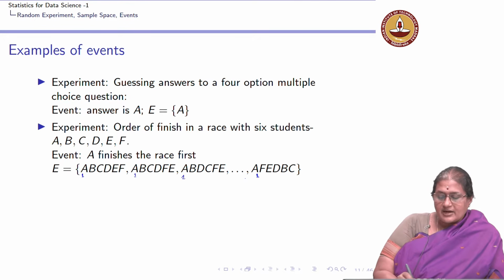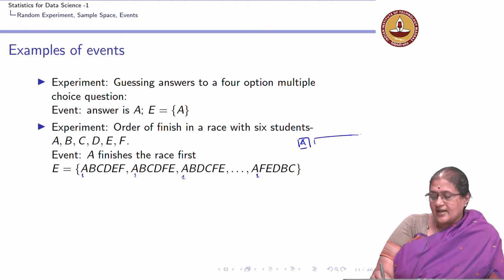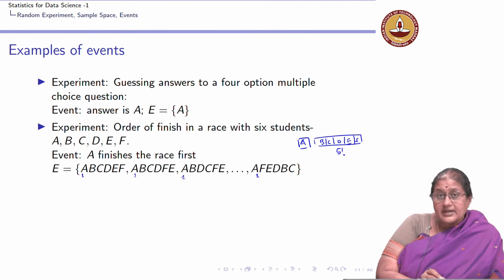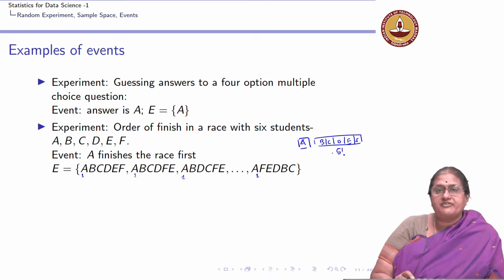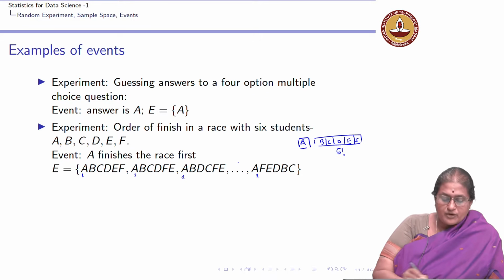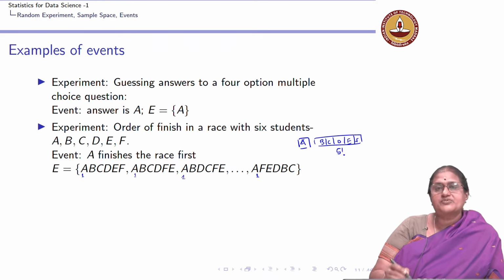If I fix A in the first position, the other B, C, D, E and F can be arranged in 5 factorial ways. So, the event E in itself will have 5 factorial outcomes. This is a subset of my original sample space.